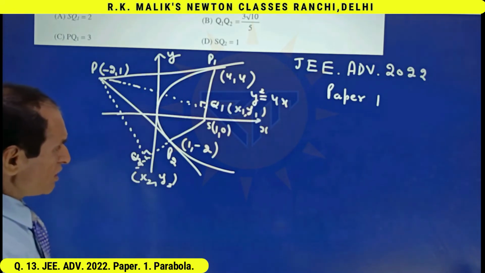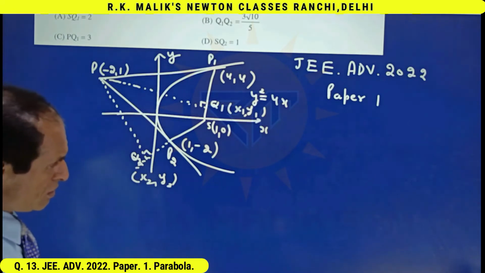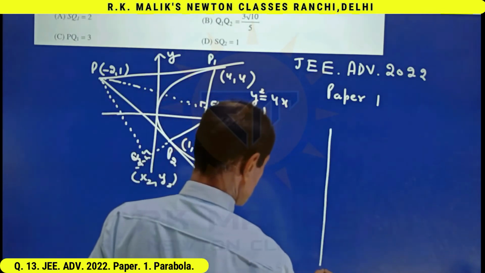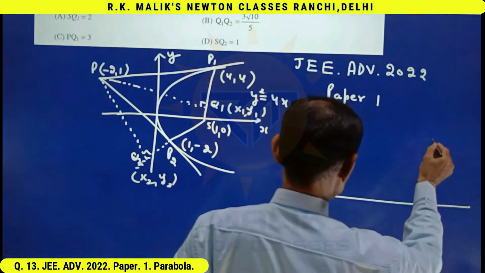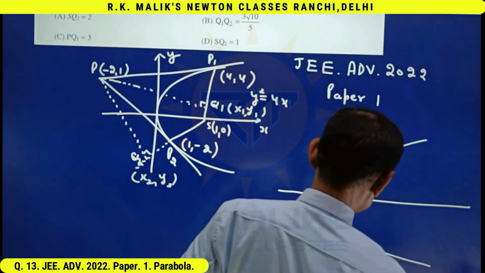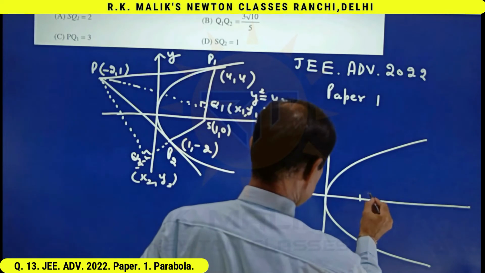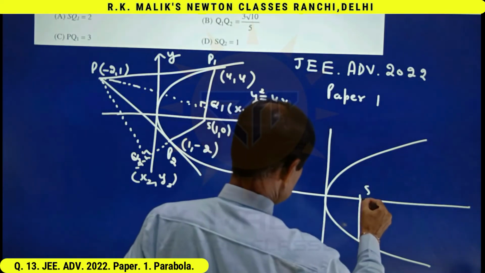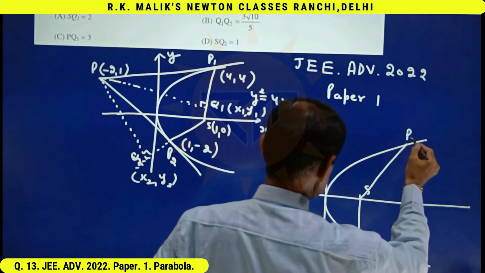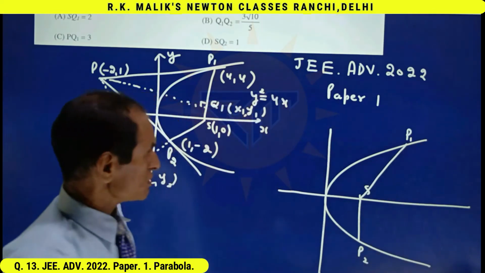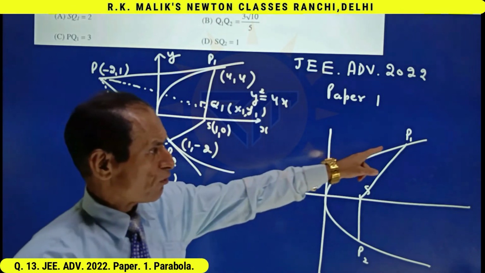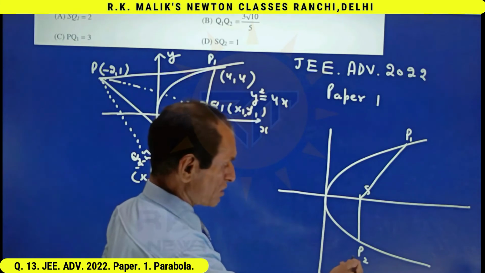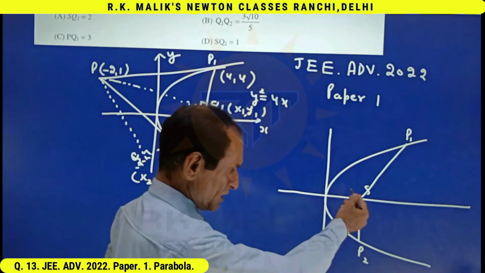The proper figure according to the information I have collected so far is this: this is the parabola, this is the point S, this is P2, this is P1, because just now I found that the coordinates of P1 were (4, 4), and the equation of SP2 was x equal to 1, that is a vertical line.